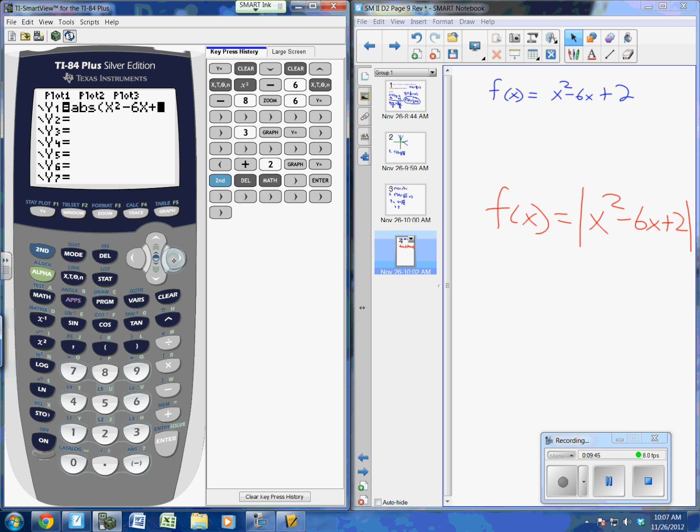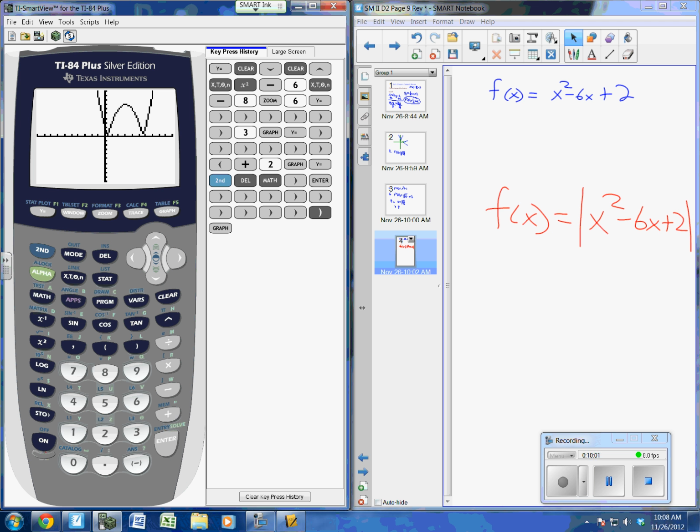Probably don't have to, actually, since there's nothing outside of it. And now, if I graph it, notice it flipped the bottom part to be up above the x-axis. Okay? Did you take the absolute value of the whole thing?